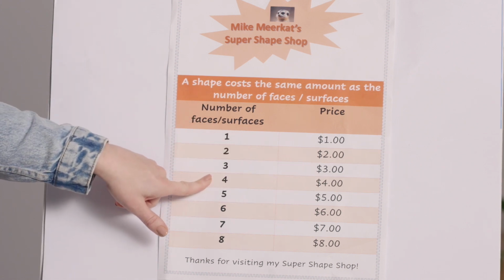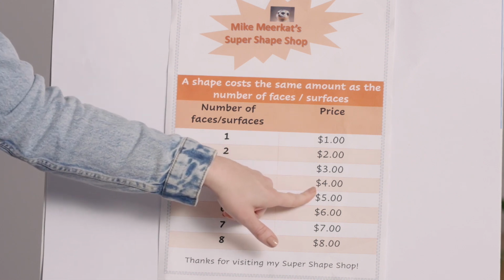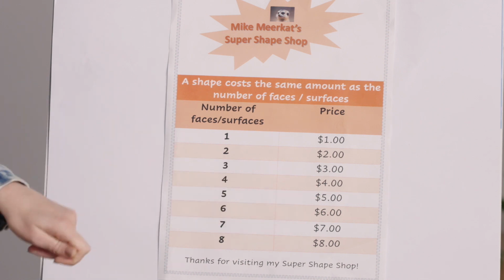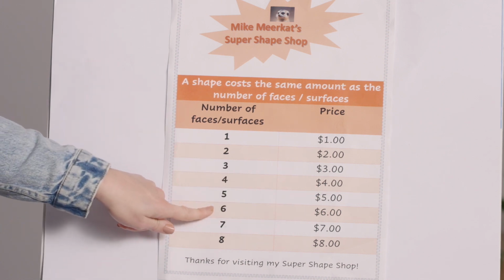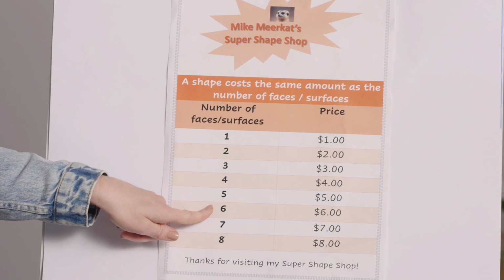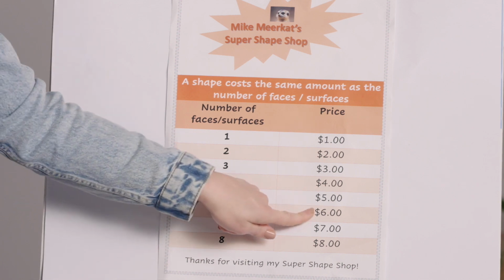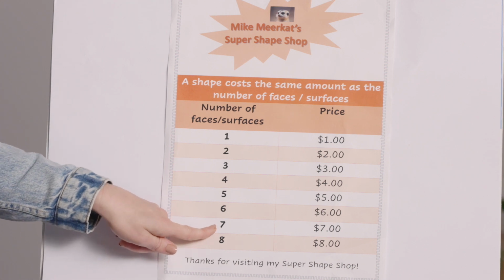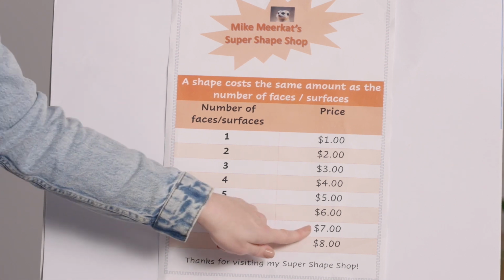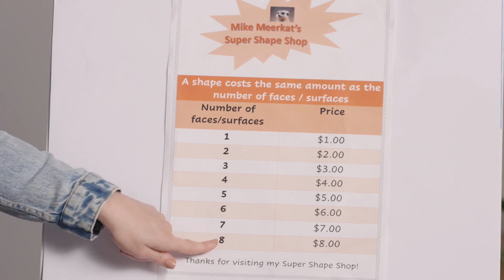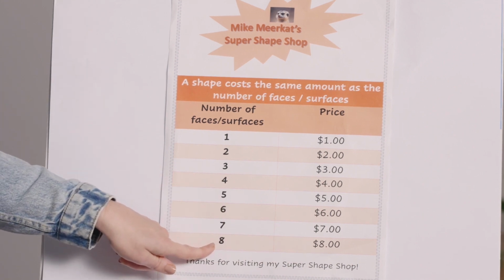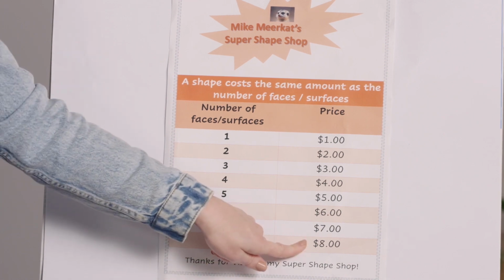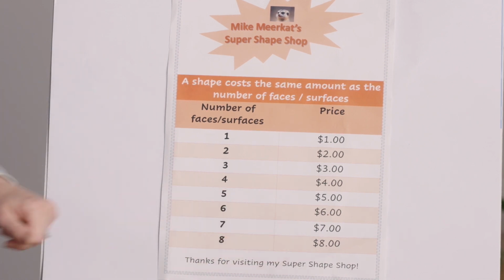Four faces or surfaces cost $4. 5 is $5. If a shape has 6 faces or surfaces, how much would it cost? $6. A shape with 7 faces or surfaces would cost $7. And finally, if a shape had 8 faces or surfaces, it would cost, you guessed it, $8.